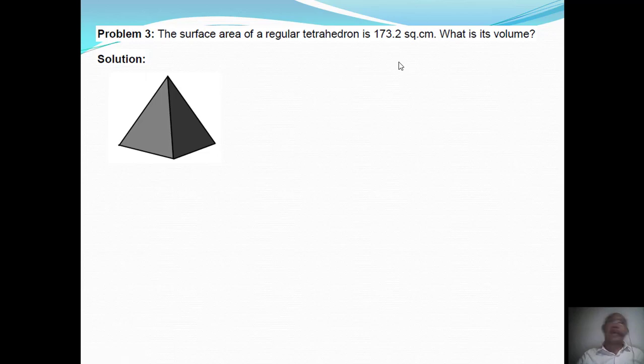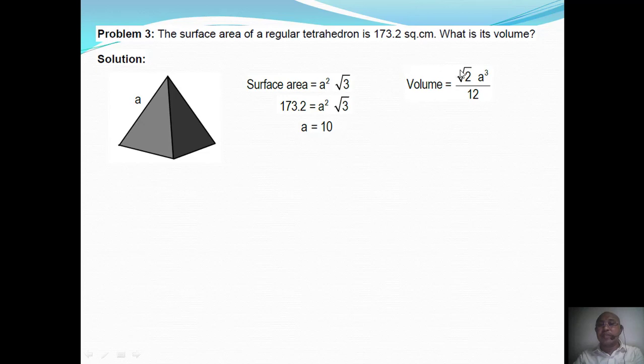So from the formula, if you recall, the surface area is square root of 3 a squared, and this is 173.2. So I can solve for a, that is equal to 10. Okay, so what is the volume of the tetrahedron? The formula for the volume is square root of 2 over 12 a cubed. I have solved a, that is equal to 10. So I can solve for the volume, 117.85 cubic centimeters.